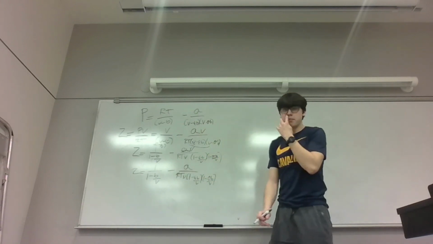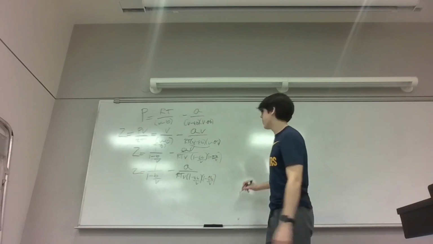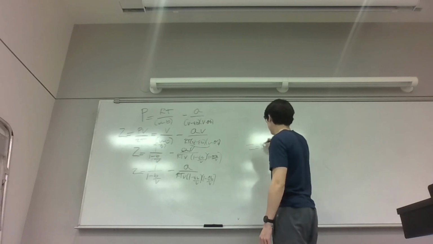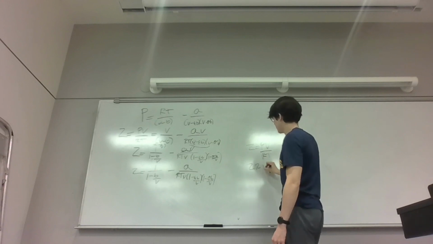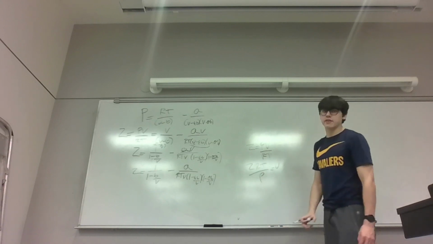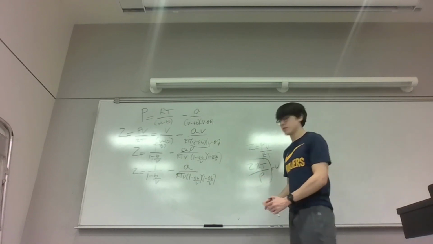Now we have a V that appears a lot in this expression. We know that due to the compressibility factor, Z equals PV over RT, so ZRT over P is equal to V. What we're going to do is substitute this value for V into the expression and simplify it.